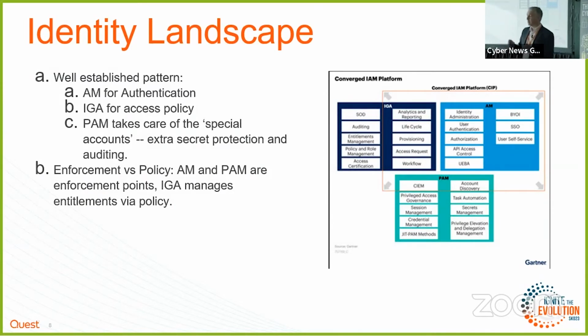Whereas IGA is about policy, defining those policies, but that is equally important because when you look at businesses that have been granting access to identities over years and years, it can become a right mess of who has access to what, whether or not the person is even still in the company, or they've changed roles, but they still have access to old applications, etc. It can become extremely difficult to rectify and clean that up.